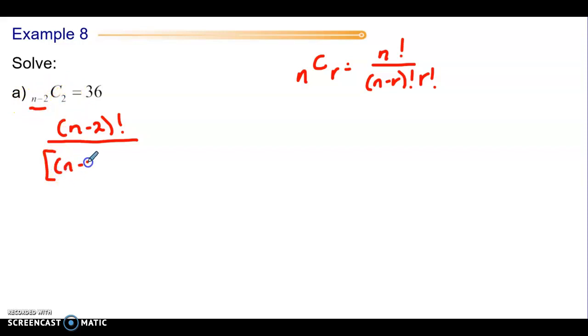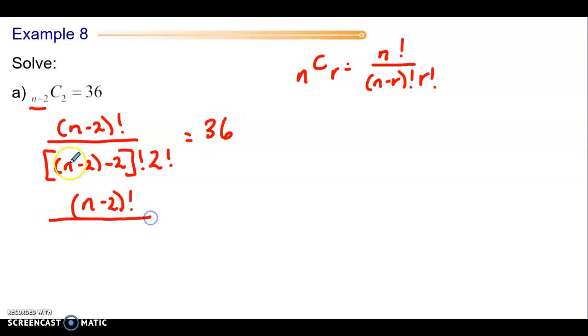So we have (n minus 2) subtract 2, factorial, times r factorial, 2 factorial, equals 36. N minus 2 becomes n minus 4 factorial times 2 factorial equals 36.